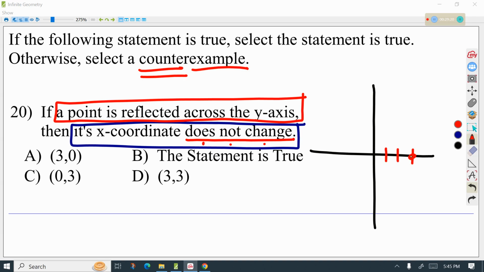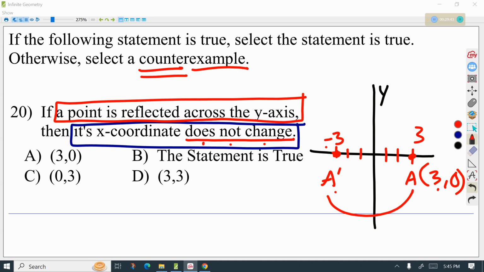If I put the point (3, 0) right there and reflect that across the y-axis, then A prime is going to be on this side, at (-3, 0). Notice that this point got reflected across the y-axis, and its x-coordinate changed from +3 to -3. So this point is a counterexample.